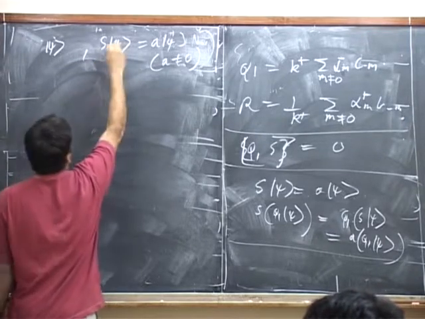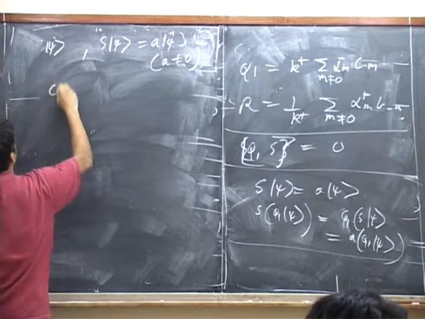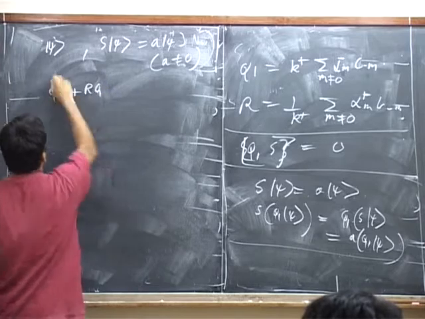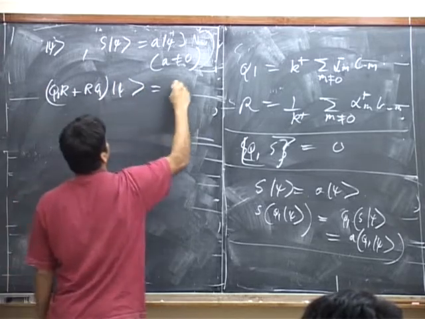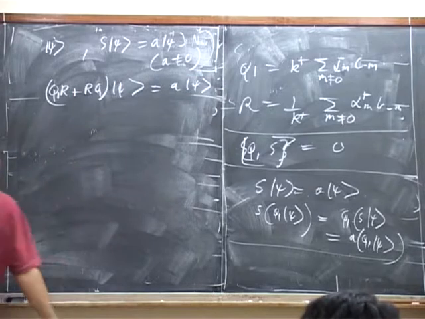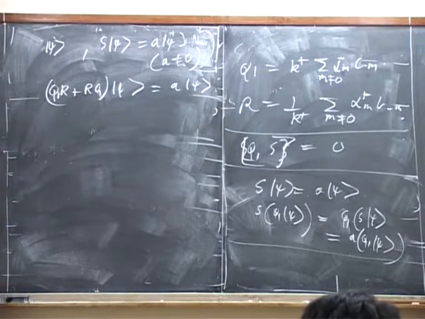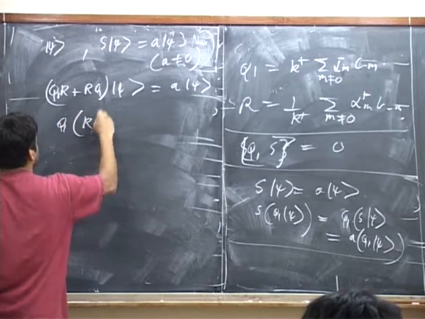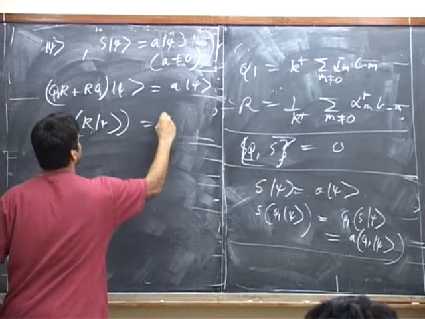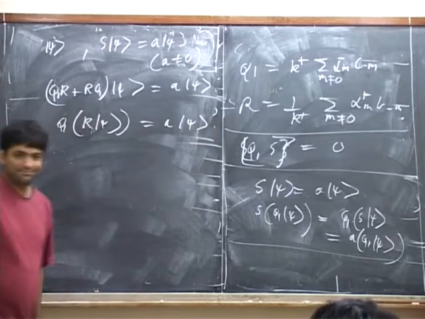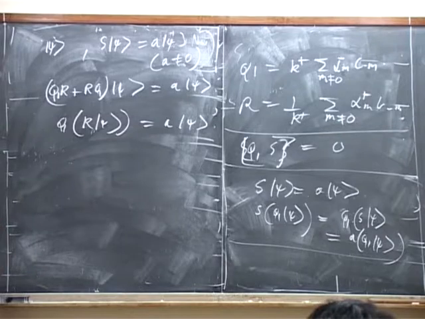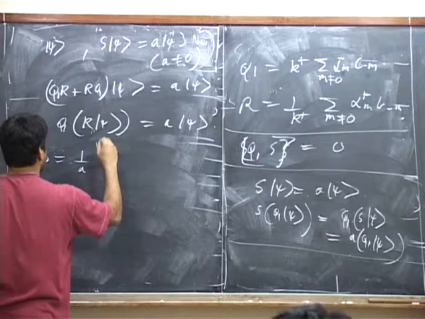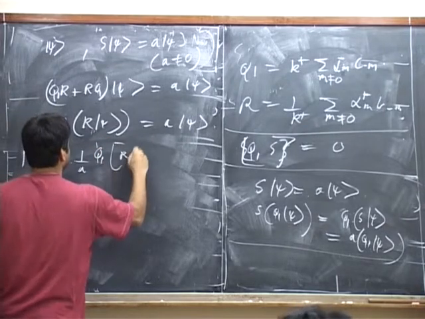Now, the fact that S on psi is equal to A on psi is the fact that Q1 times R plus R times Q1 on psi is equal to A psi. But Q annihilates the state by assumption. Therefore, we get Q1 on R psi is equal to A psi. Again, by assumption A is not equal to 0, therefore we've got an equation for psi: psi is equal to 1 over A Q1 on R psi.